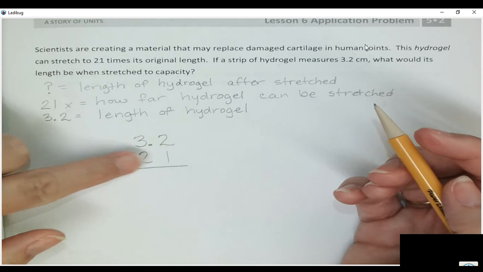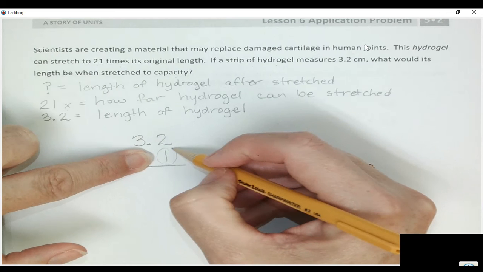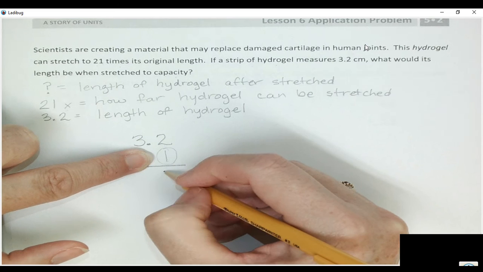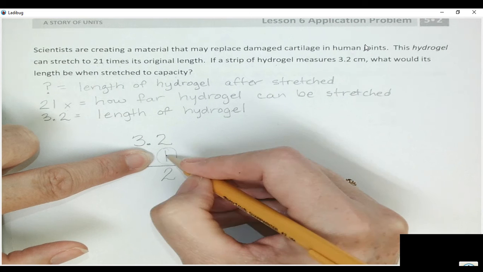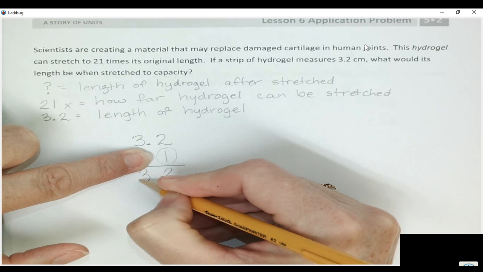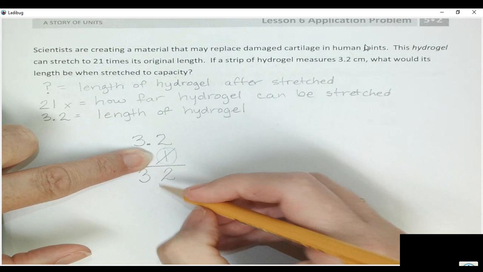So I'm going to cover up the tens place on the bottom, and I'm going to start with my ones place on the bottom. 1 times 2 is 2, and 1 times 3 is 3. And remember, yesterday we learned that zap and 0.